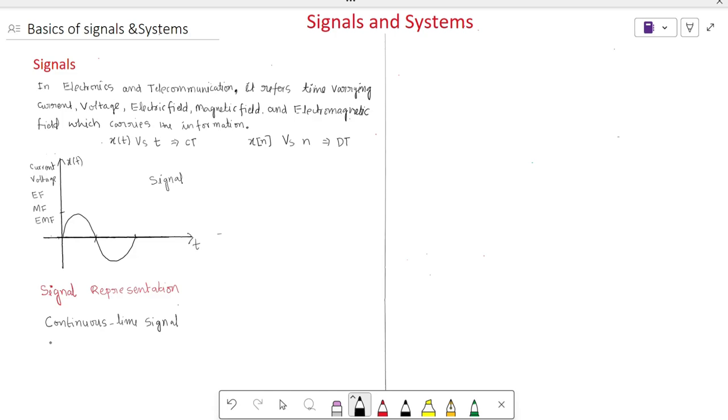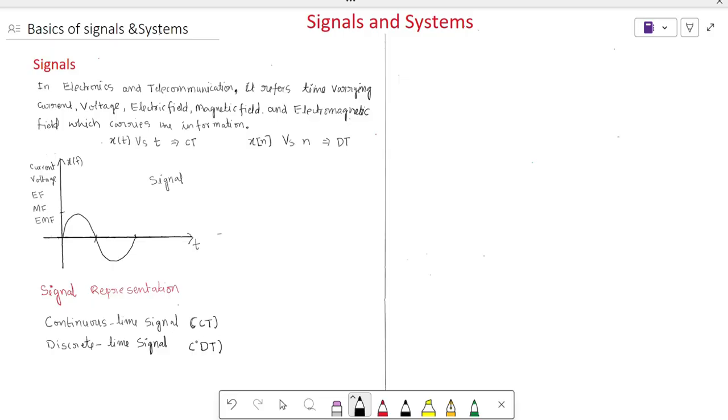The second way is the discrete time signal. In continuous time, the magnitude is defined for all values of time. In discrete time, the magnitude is defined only for integer values of time. So this is CT and DT.